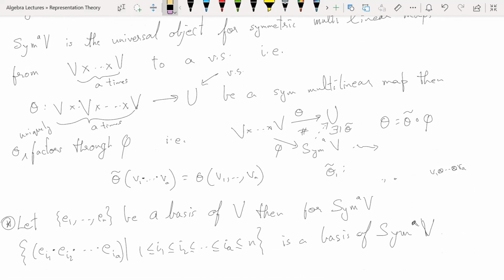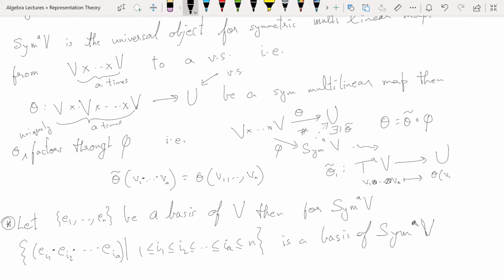What I meant was, since this is multilinear, there exists a unique map from T^A V to U which sends v1 tensor vA to theta of v1 to vA. There is a canonical map from V cross V cross V to T^A V, which sends the A-tuple v1 to vA to this tensor power.